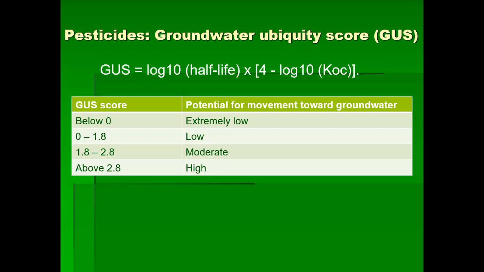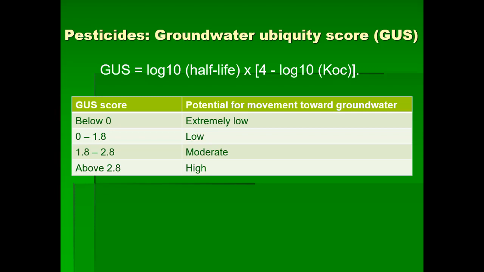Basically, if the pesticide has a short half-life, low water solubility, and high sorption potential, it has less potential to move through soil. If the half-life is high, there is high water solubility, and there is low sorption potential, it will have a greater potential to move through soil.